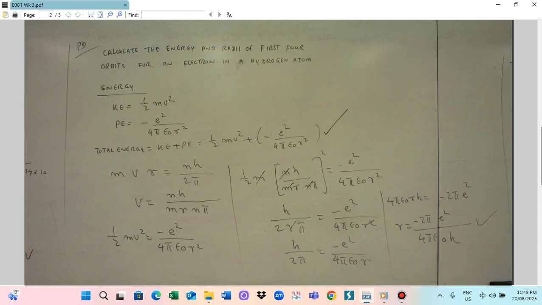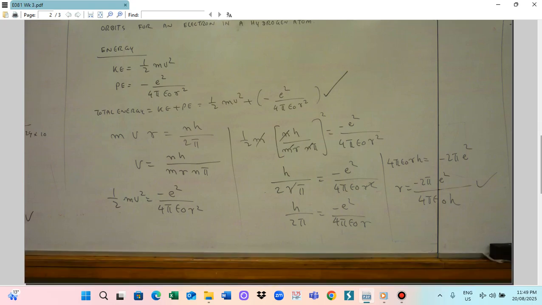So this one we solved: that will be nh divided by 2πr. The n cancels, so this is minus e squared divided by 4πε0 r squared. The r cancels, so h by 2π is equal to minus e squared divided by 4πε0 r.